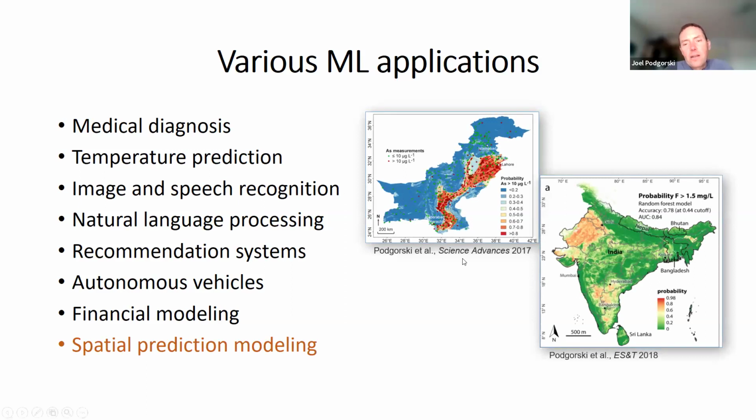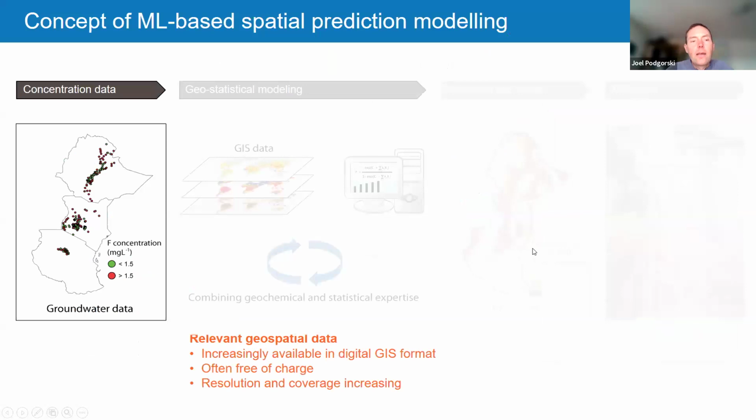So these are two examples of 2017, 2018, arsenic in Pakistan and fluoride in India. And the basic concept, which I've already described earlier today, but this might help to understand it a little bit better, especially having the different images.